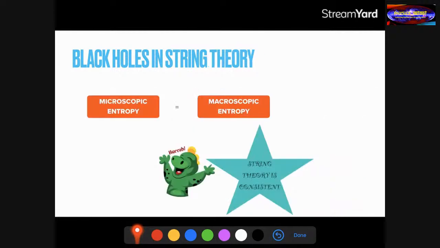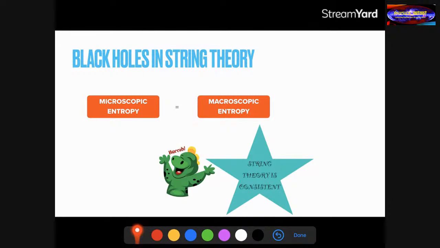Then you have to check whether this side and that side match with each other, and if there is a matching, then you say that the theory of quantum gravity, that is string theory that I started with, is at least mathematically self-consistent. In this sense, the black holes that we are using to study string theory are a kind of theoretical laboratory to test the ideas of string theory.